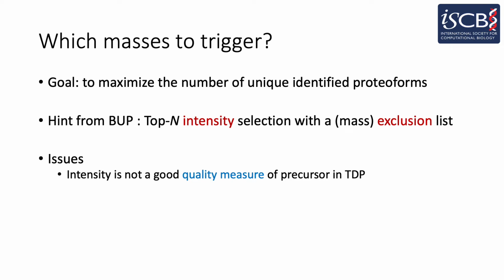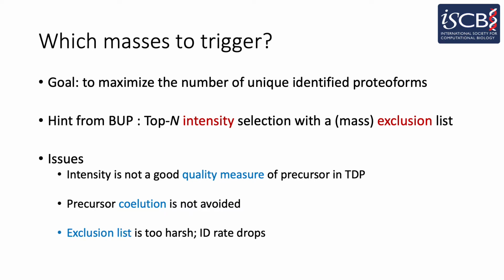First, one may wonder if intensity is still a good quality measure given the complex signal structure of proteoforms. And second, this simple method still does not guarantee that co-eluted precursors are avoided. And lastly, based on our observation, the simple mass exclusion list turned out to be too harsh. It diversifies the selected masses, but at the same time, it dropped the ID rate of the MS2 spectra from them.